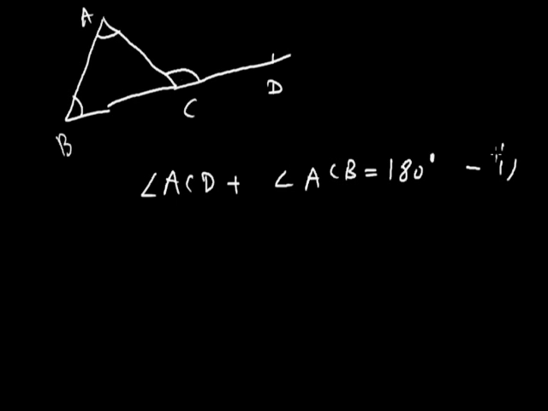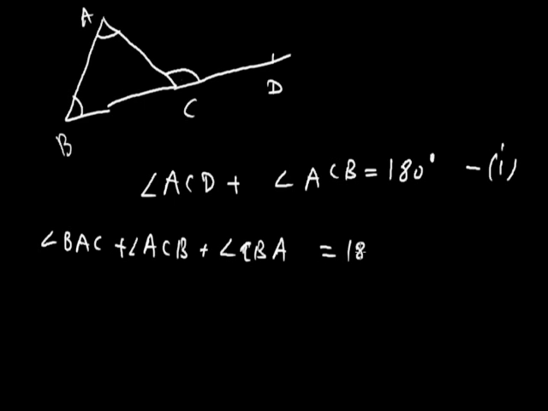This is the first equation, and the reason for it is that they are a linear pair of angles. The second equation is by applying the angle sum property on triangle ABC: angle BAC plus angle ACB plus angle CBA is equal to 180 degrees. The reason for this equation is the angle sum property of a triangle.